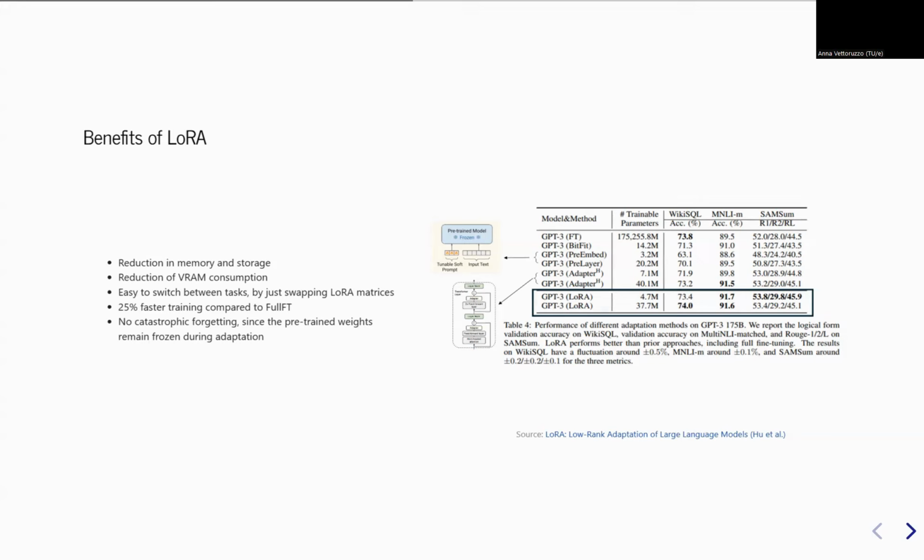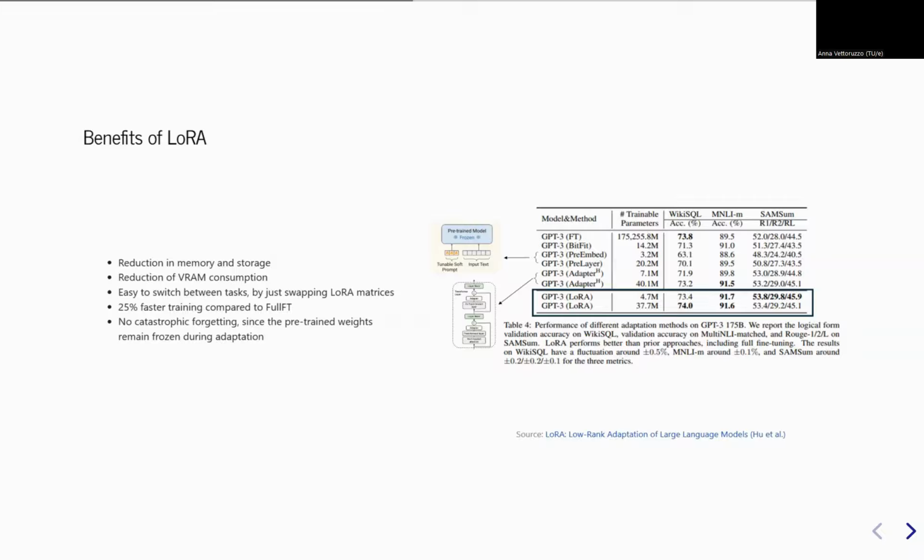So this table is actually taken from the original LoRA paper that you can check out at the link here. It shows the comparison between GPT-3 full fine-tuning, where you can see that the number of trainable parameters is 175 billion, which is the total size of the model. And then there is a comparison with some prompt tuning methods, some adapter-based methods, and LoRA, of course.